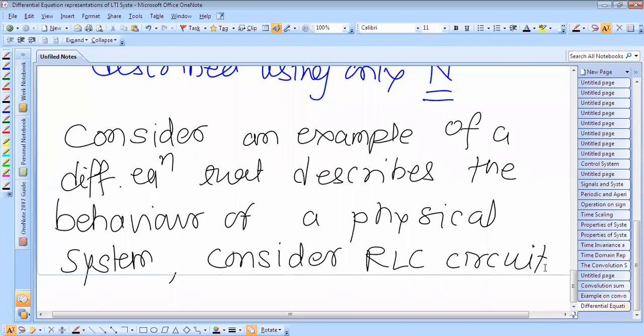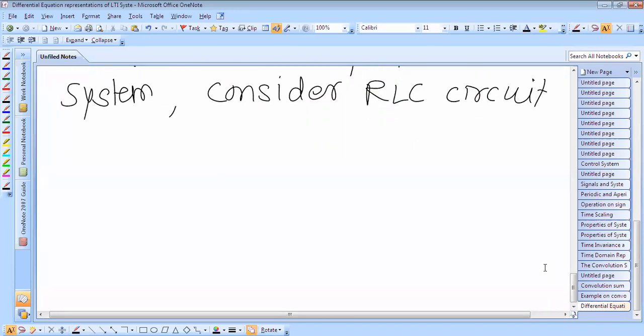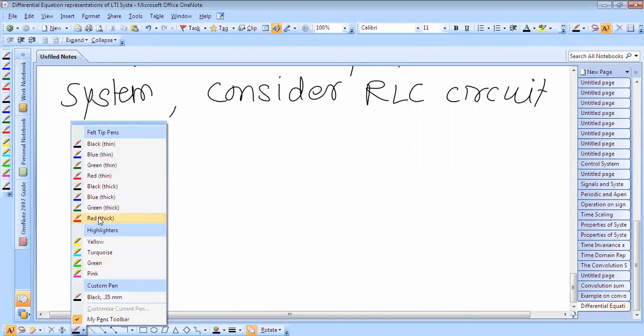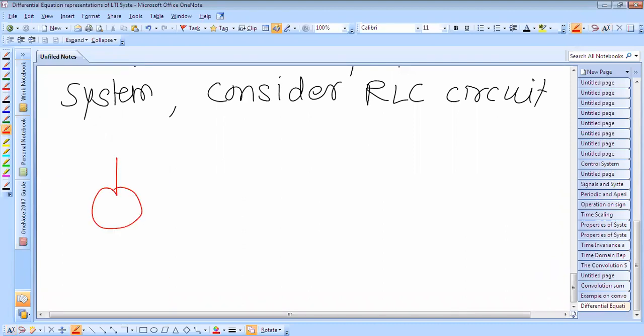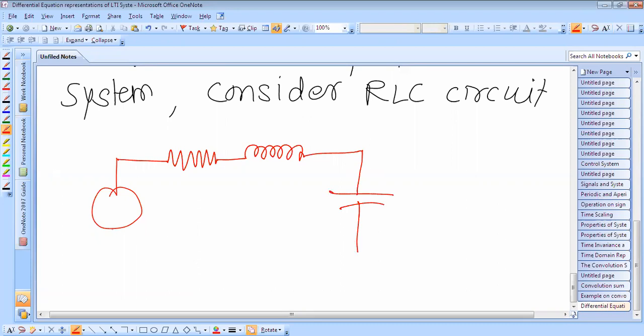So the circuit is given to you like this. One resistance, one inductance, and one capacitance.